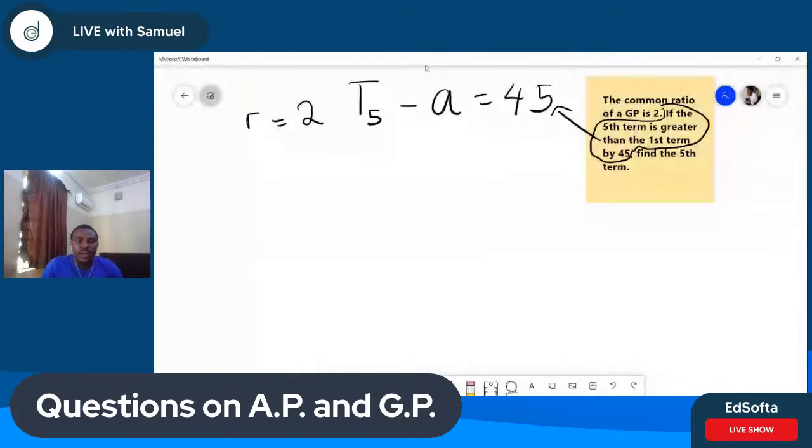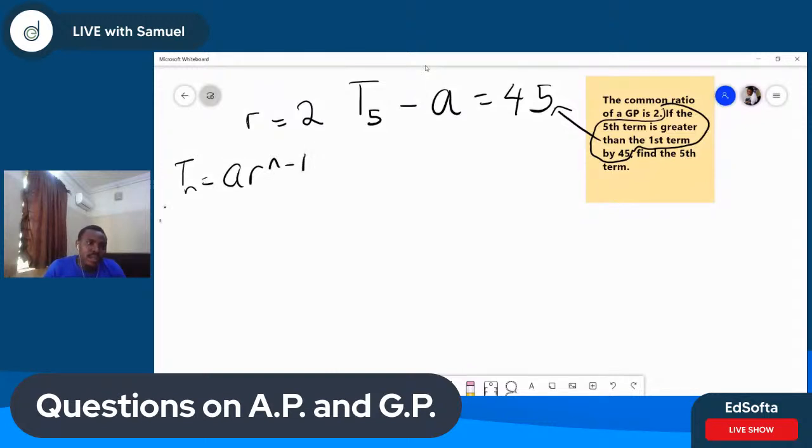Now, somebody will ask, how do we solve this, bearing in mind that we only have T5, we don't have A? But let us not forget that from our equation, Tn is equal to A R raised to power n minus 1.